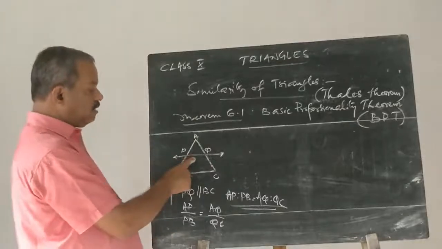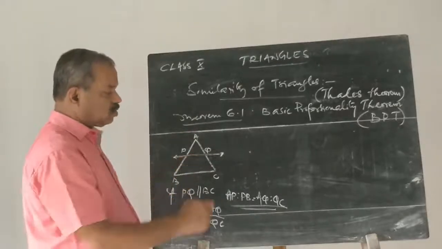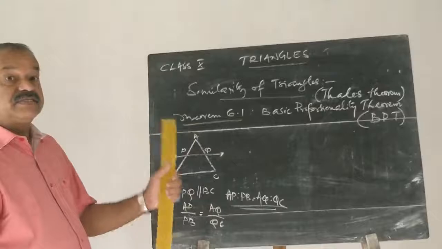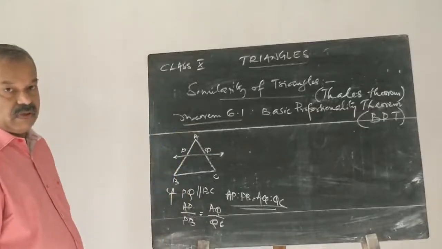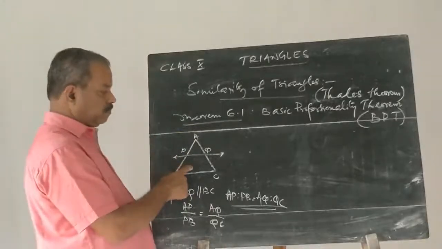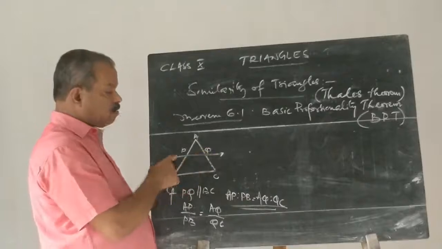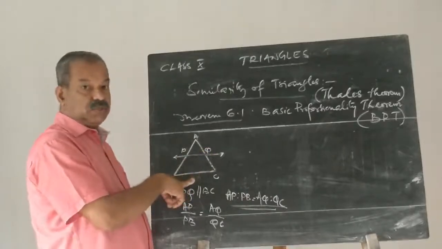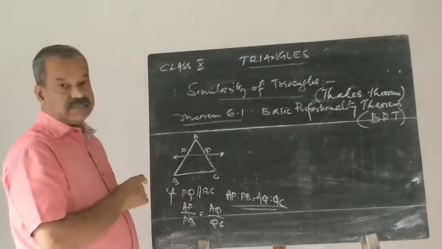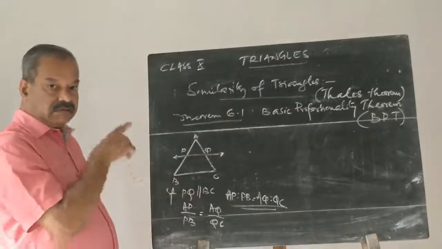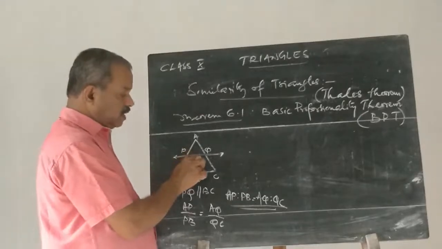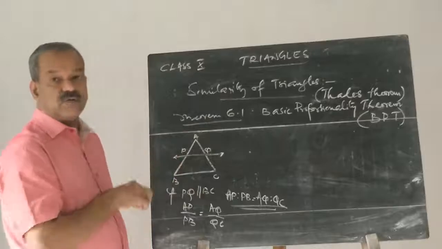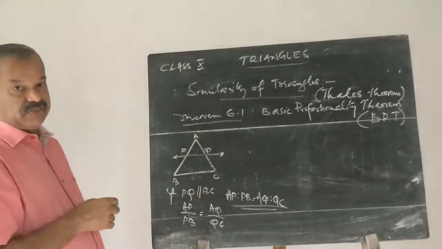Then the line divides the other two sides in the same ratio. In a triangle, a line is drawn parallel to one side to intersect the other two sides, then the line divides the other two sides in the same ratio.